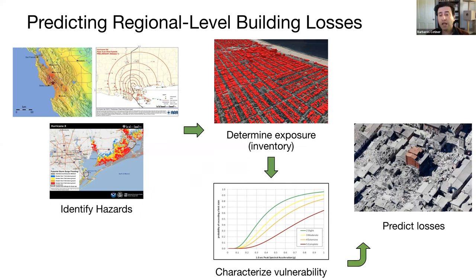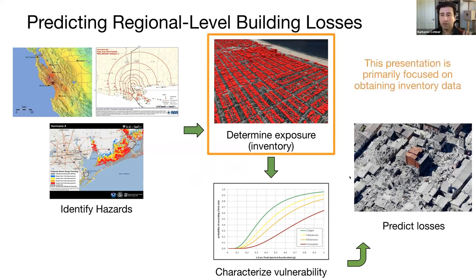So very high level, I know there's a lot more to it, and SimCenter developed tools going from step one, the initial step here, all the way to the end. But the topic of this presentation will be really just focusing on the inventory aspect of it. Extracting attributes relevant to loss studies.